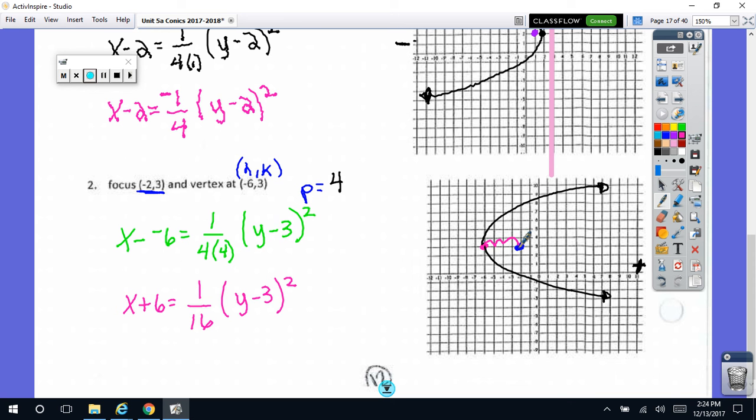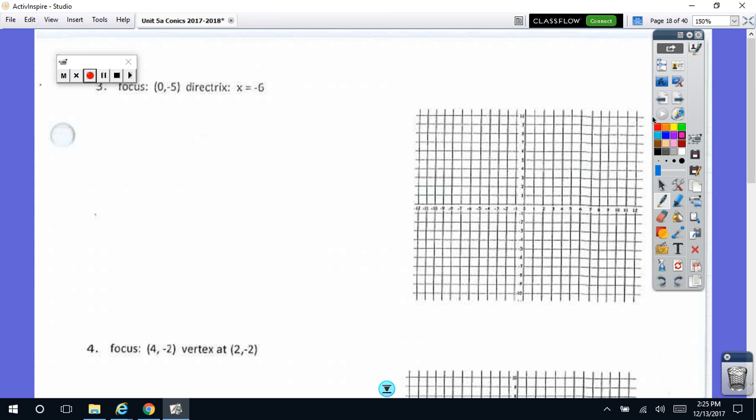Remember, this is your p-value. However many steps that is, that's your p. Okay, a couple more today, and then we'll be finished.